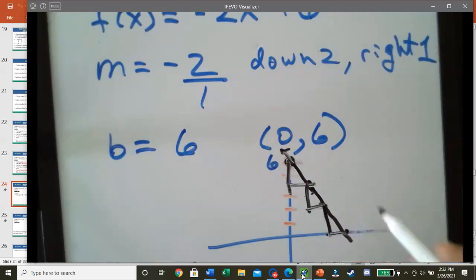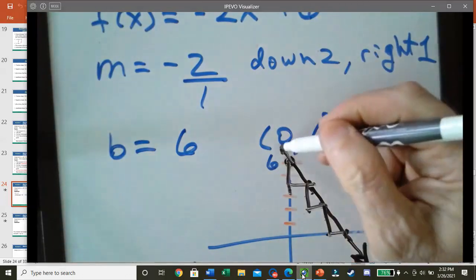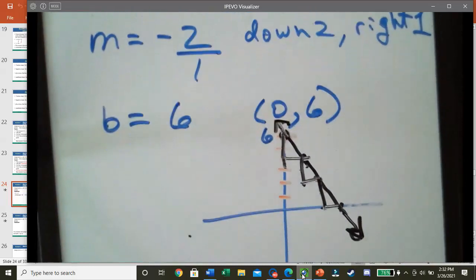And that's why we put arrows on both ends, because it continues on indefinitely.